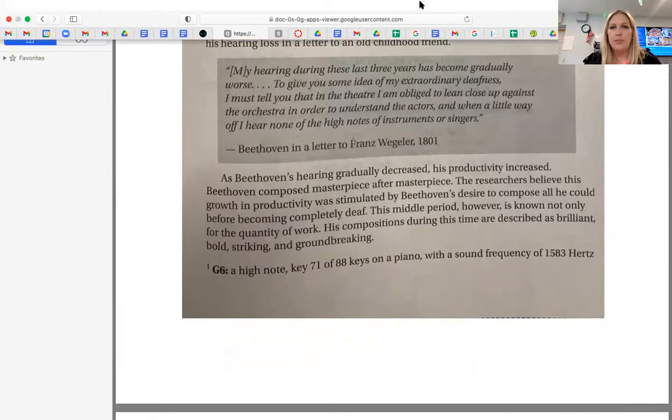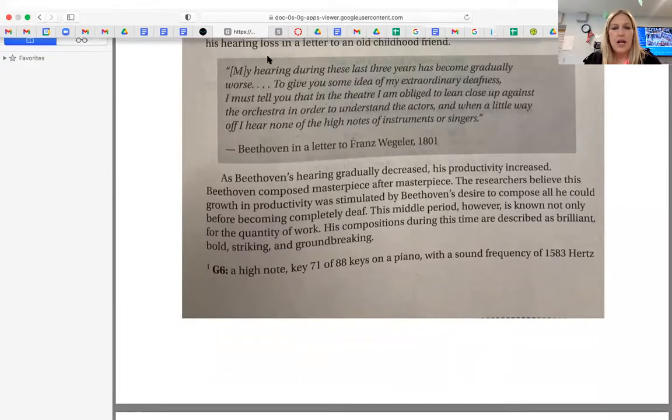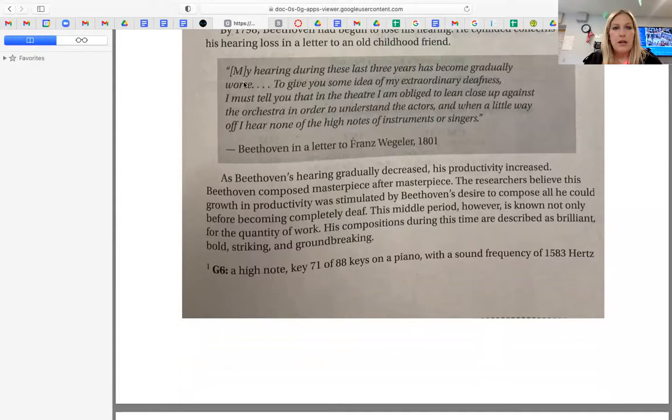I also want to point out this right here. So you will see this on the PSSAs. If there is something like a word or something that a lot of people definitely are not familiar with, you will find it. It's kind of like a personal dictionary, a little glossary, if you will. So we know that we are going to be reading about a G6.